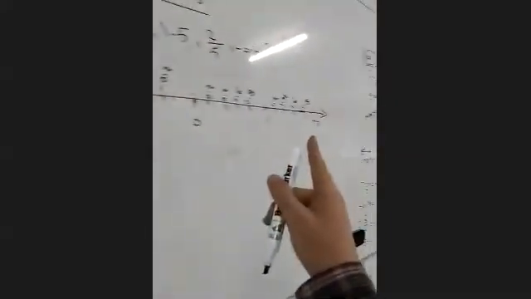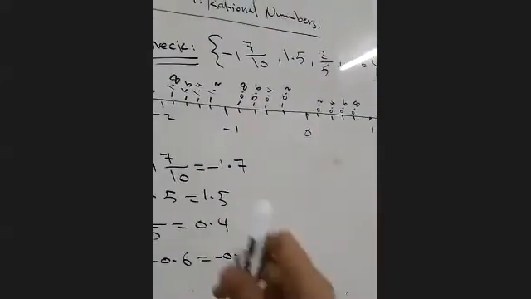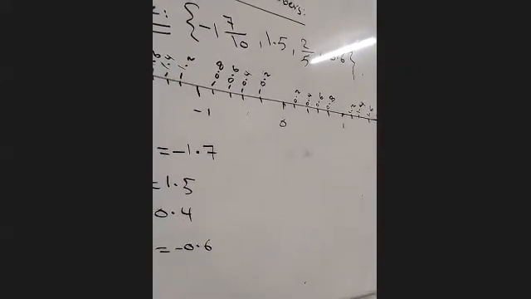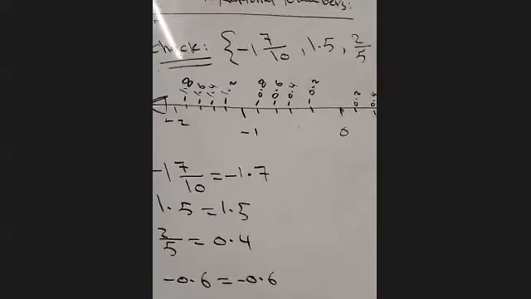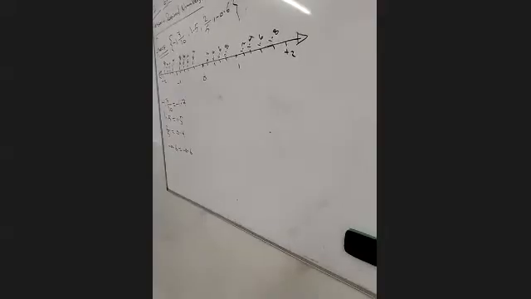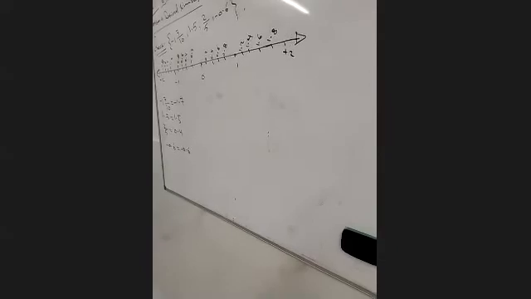Now I will search for these numbers representing the original numbers. -1.7. Where is it? Do we have -1.7 here? Yes. Where is it? Beside -1, -1.6 and -1.8. Exactly. We don't have it, guys. So we will search between the numbers.